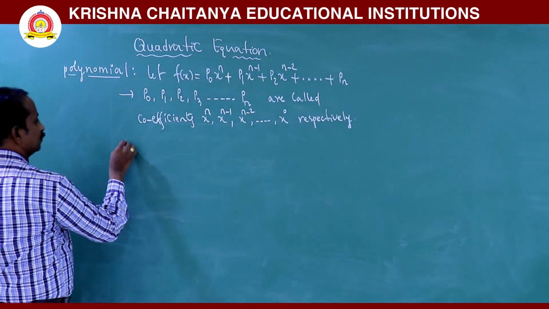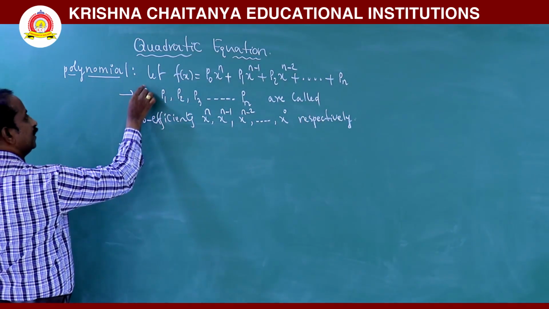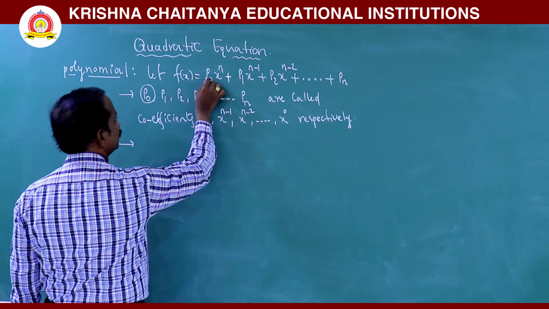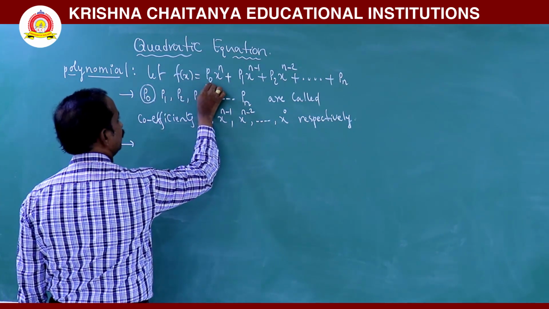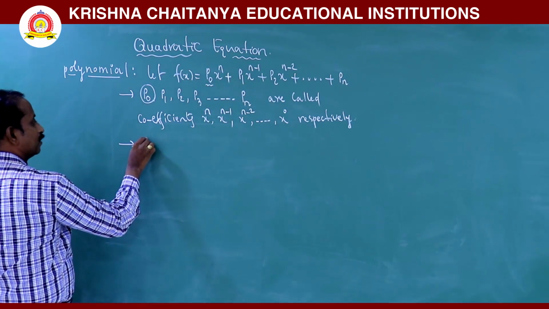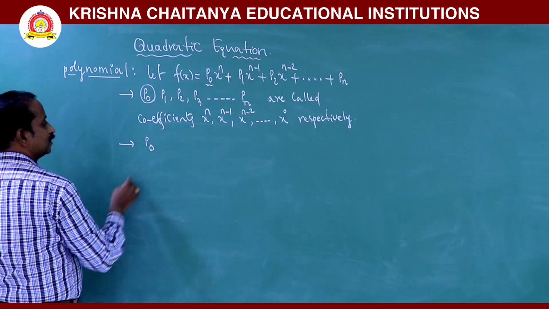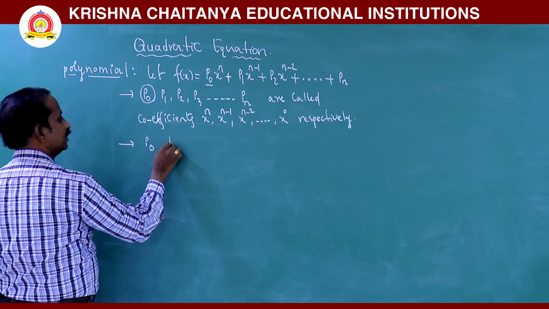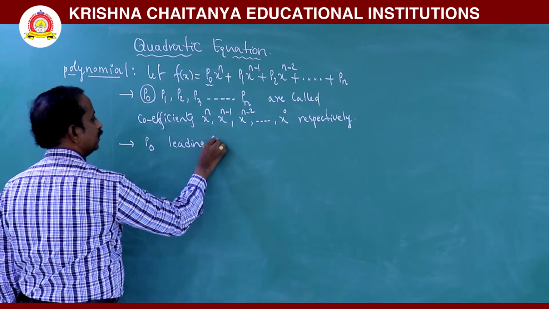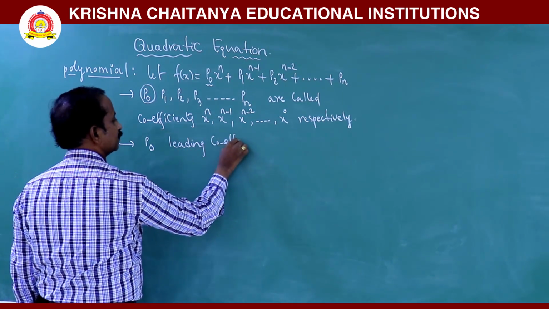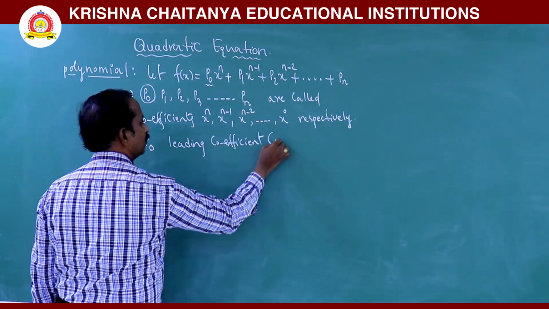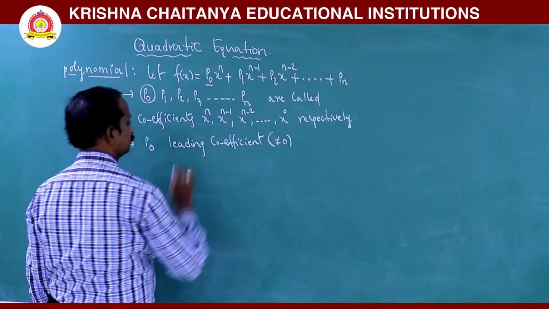And next, in this f of x, the coefficient of x power n, p naught, we call the leading coefficient. The leading coefficient must be not equal to 0.